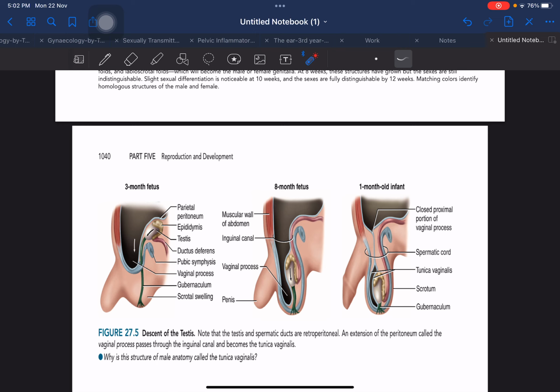The epididymis is on the posterolateral surface. The testes start to descend during the 6th week, and during the 7th month the testes rapidly go down the inguinal canal and enter the scrotum.